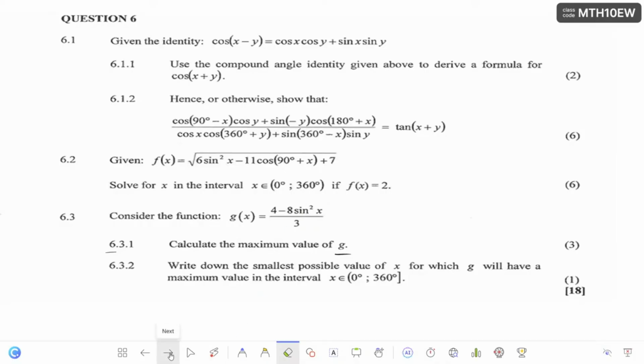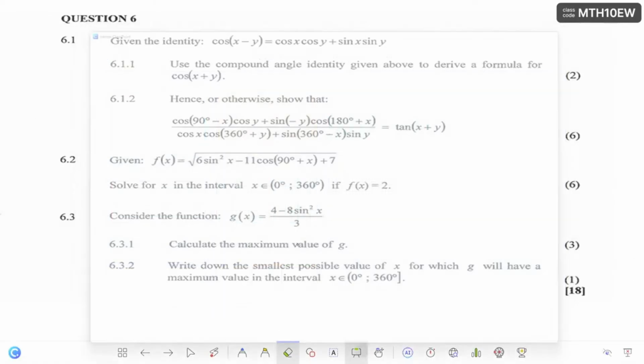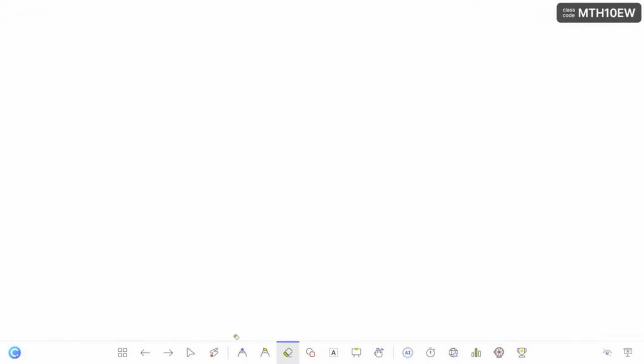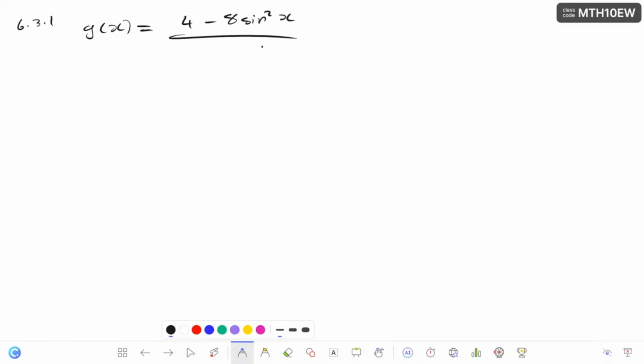And okay, let me show you how we are going to simplify this. So we are given what? 6.3.1, g of x is equal to 4 minus 8 sine squared x all over 3.